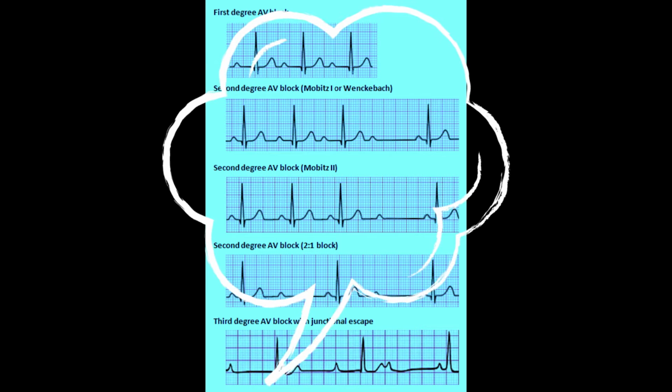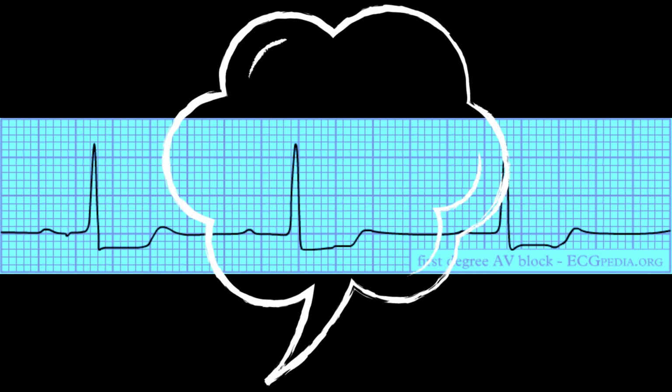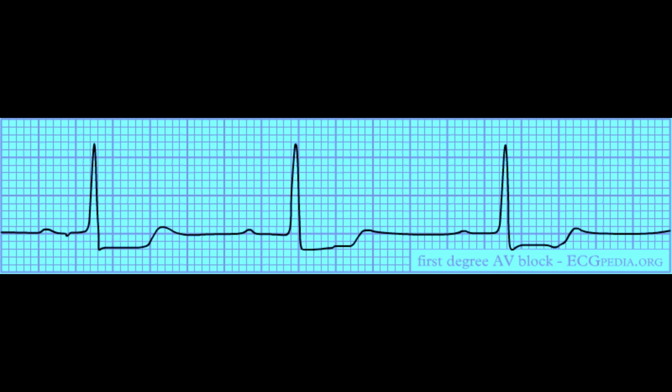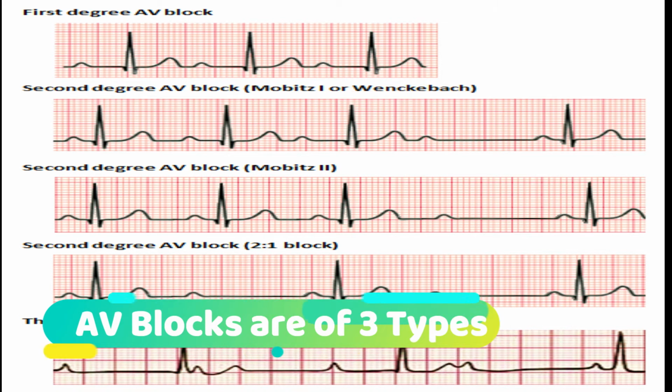Today we'll be talking about AV blocks, atrioventricular blocks. These blocks can be very mild in certain cases, and in certain cases they can progress and become very serious and life-threatening, and we'll discuss these blocks in detail. So basically there are three types of AV blocks.